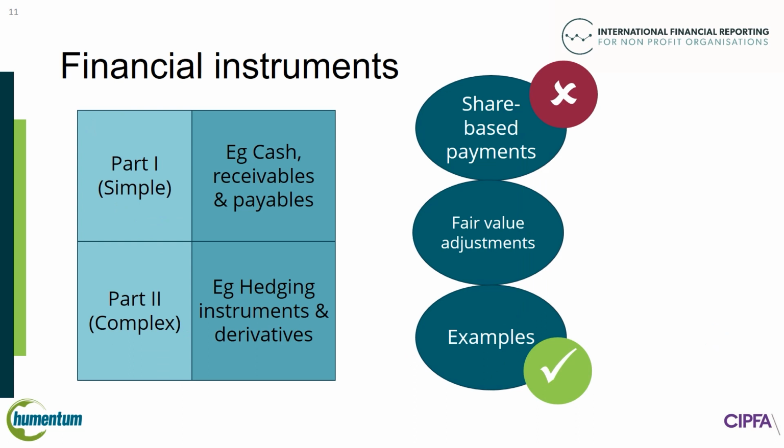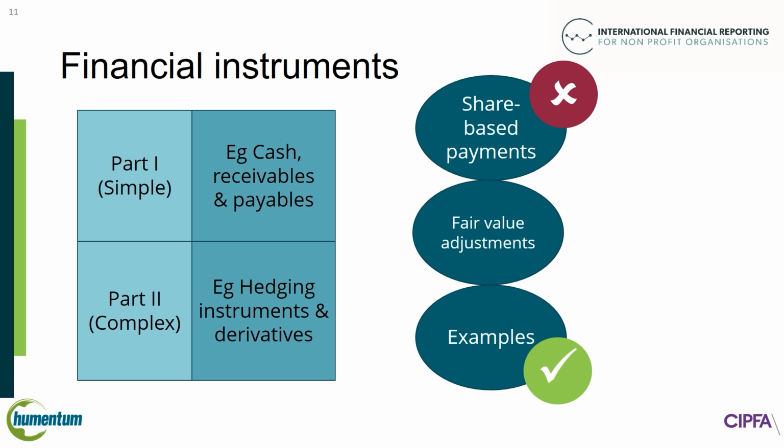Section 11 on financial instruments provides guidance on the treatment of financial assets and financial liabilities. Part 1 of this section addresses simpler financial instruments, such as cash, receivables, and payables. Part 2 addresses more complex financial instruments, such as those relating to hedging instruments and derivatives.